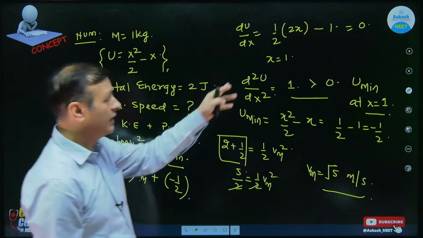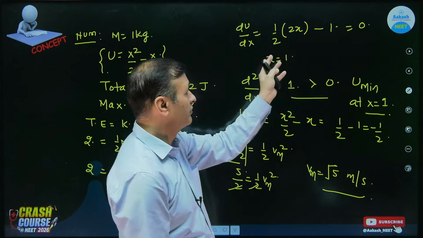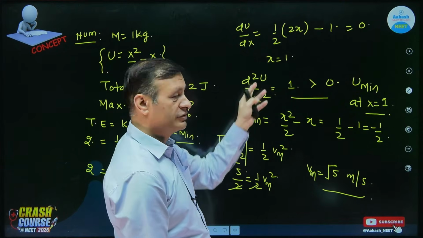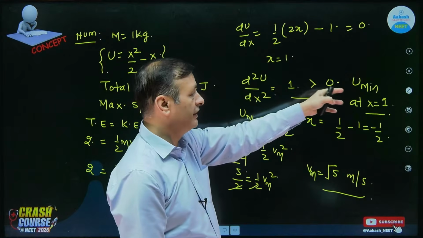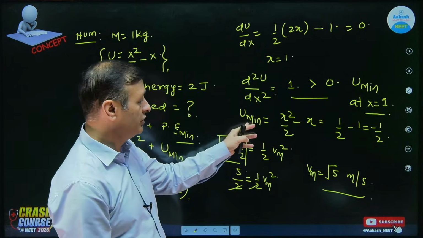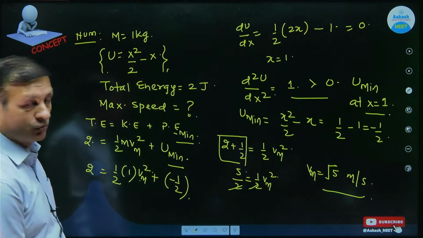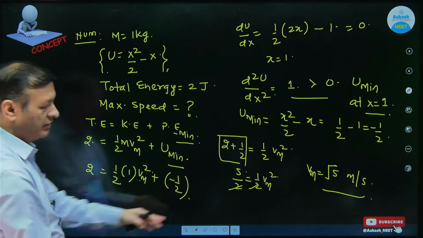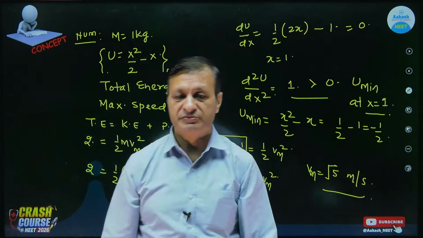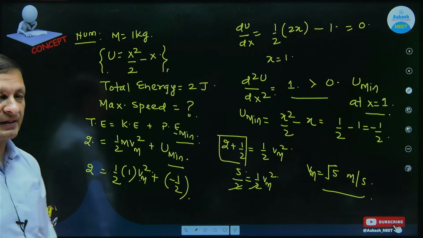So for the minimum part, we just did the derivative du by dx as 0. So that makes x as 1. The second order derivative clearly verifies the potential energy is minimum. And how do you find the minimum potential energy? Just put the value of x as 1, that gives minus 1 by 2. Put the values, and that gives the maximum speed as root 5 meter per second. Any doubt?